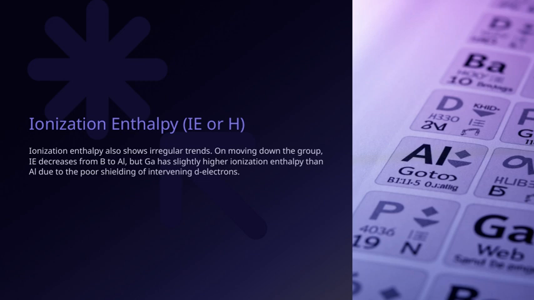This anomaly happens because of the poor shielding effect of the intervening d electrons in gallium. Essentially, those d electrons don't shield the nucleus as effectively, so it takes a bit more energy to remove an electron from gallium compared to aluminum. This highlights how electron shielding and subshell structures can influence ionization energies in unexpected ways.